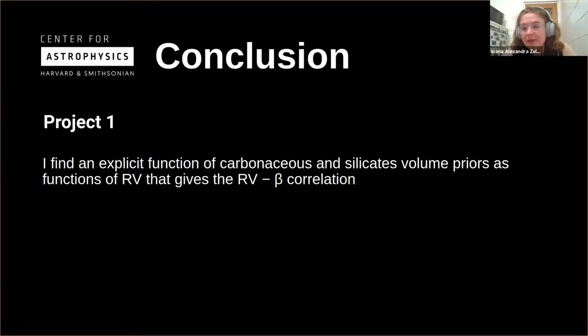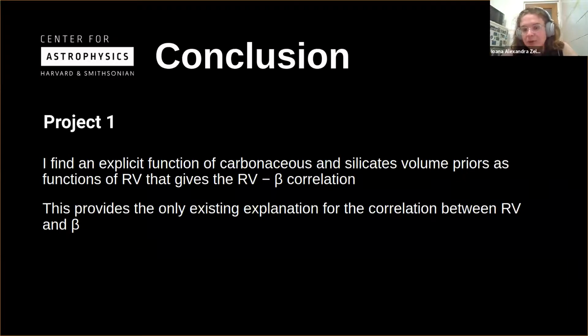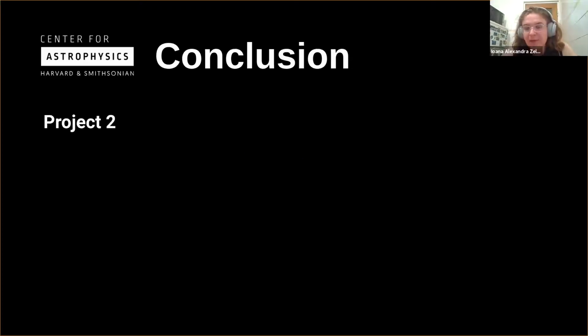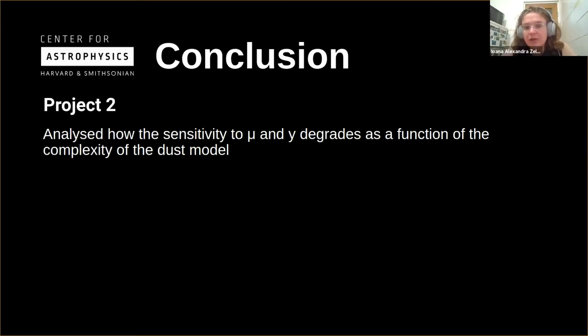So in conclusion, the first project was about explaining the carbonaceous RV-beta correlation, and gave us the possibility that it could be the ratio between carbonaceous and silicate volume priors that could basically give this anti-correlation. And it also allowed me to create these spectral energy distributions for the dust that are closer to reality, which I could then use in the spectral distortion analysis as a foreground to see how the sensitivity to Y and mu degrades.